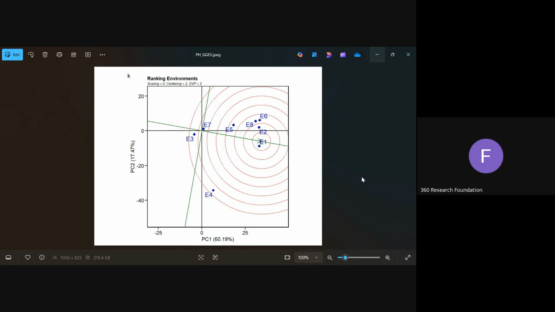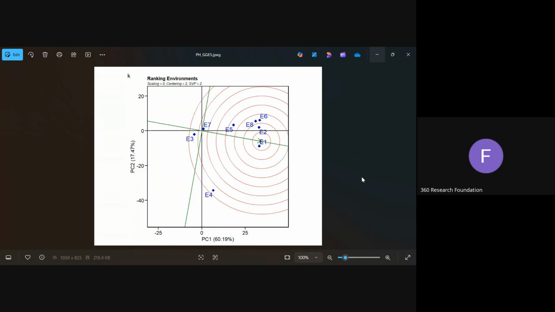So 4 environments are there. You can say these 4 environments are the most reliable and ideal environments, from where you can get the actual and meaningful results of multi-location trials. And E4 is least informative. So this is the ranking of environments.